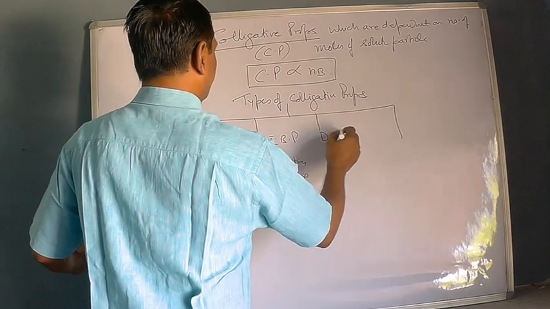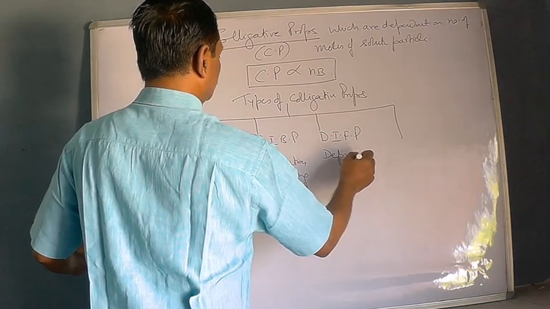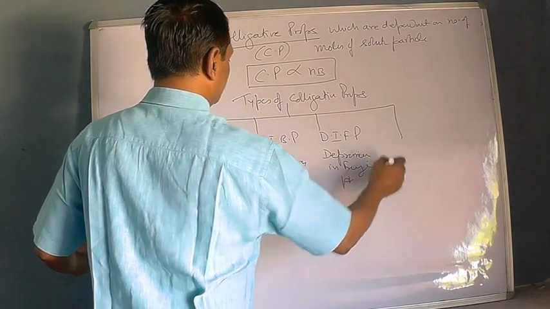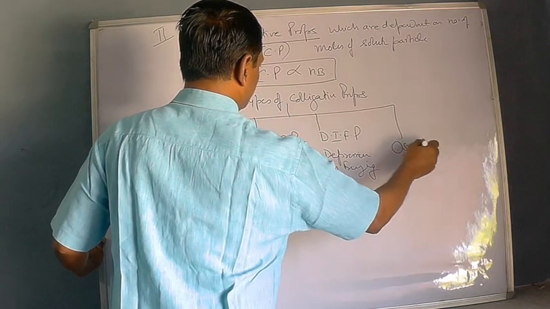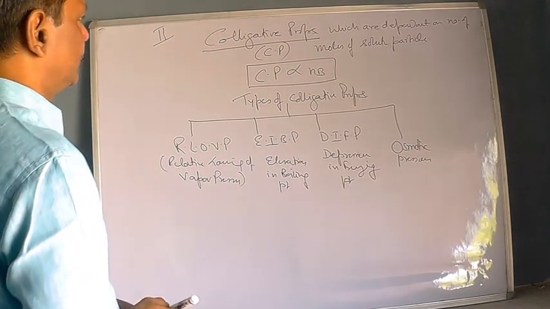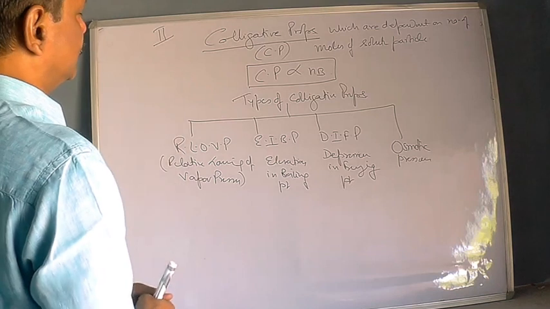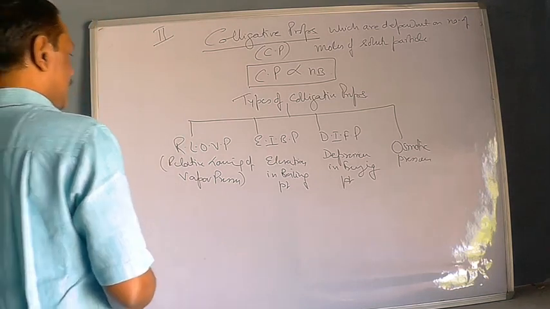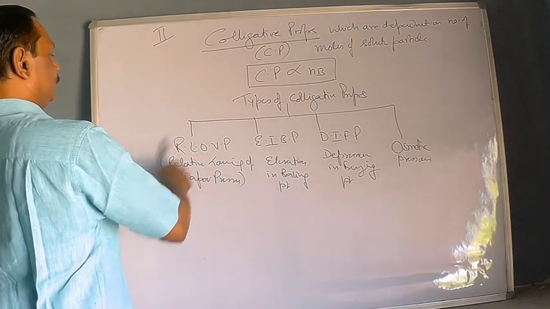Then DFP, depression in freezing point. And the last one is your osmotic pressure. So these are the 4 colligative properties which we'll be studying in this topic, that is solution of non-volatile solute plus liquid. So class, the topic for the day is RLVP, that is relative lowering of vapor pressure.